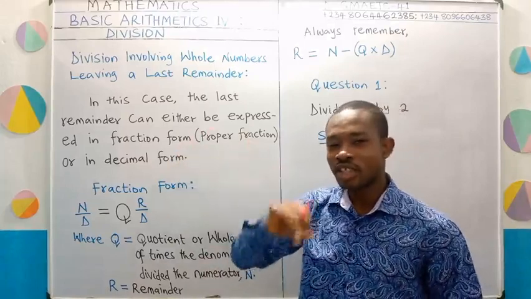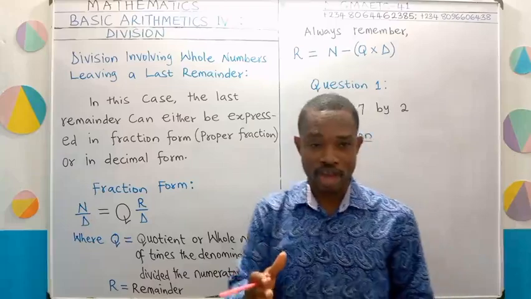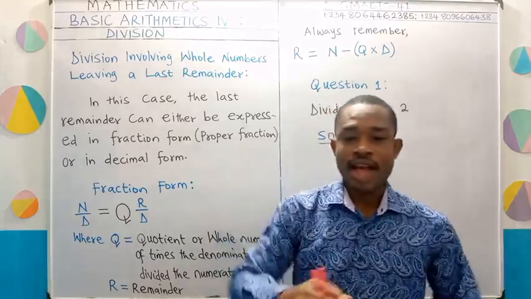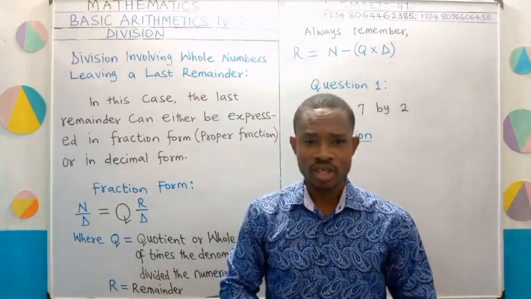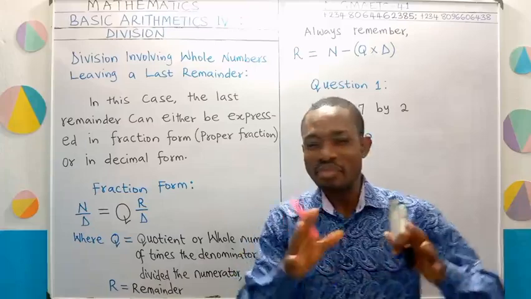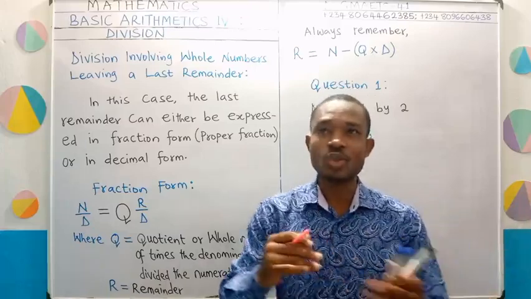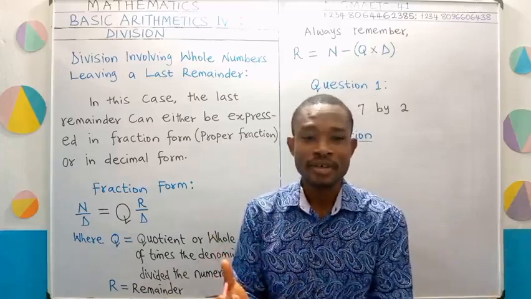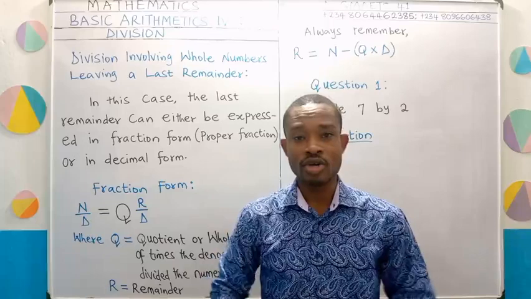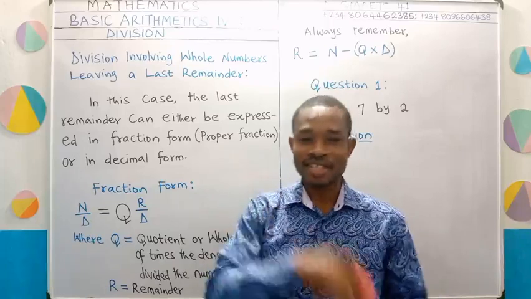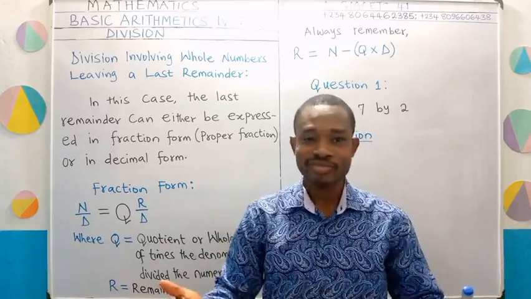And in that case, that fraction form will be a proper fraction. Actually, the way we put the whole answer when we carry out that division is in mixed fraction form, okay? Because we'll get what we call the whole number. That's the whole number of times that the denominator divided the numerator. We call that the quotient or the whole number.